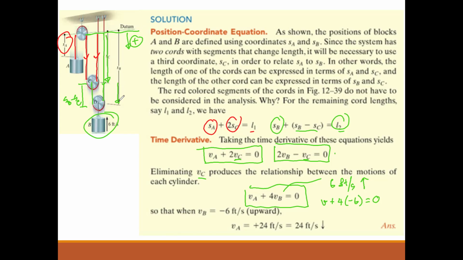In dynamics, the reference frame and positive sign convention are very important. After that, we can determine VA, and VA is equal to 24, a positive value, which means it goes down. It makes sense, right? When B goes up, A should be going down, because they depend on each other. So that's complete for this problem.